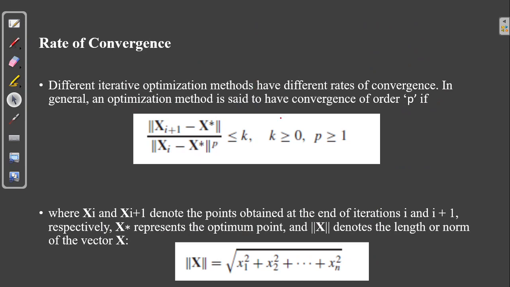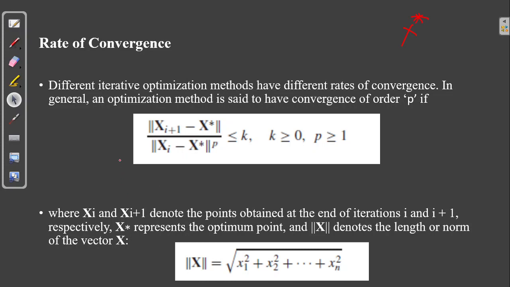That constant point is known as the optimum point, that is denoted by x star. And you can define a new term known as rate of convergence. That means at what rate you will get an approximately constant solution.